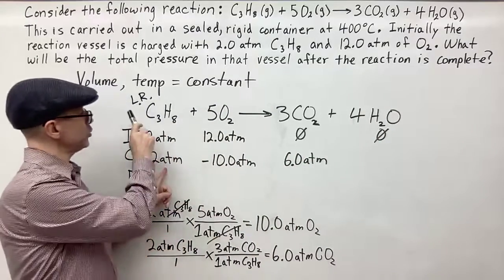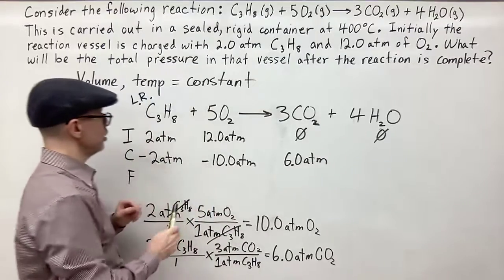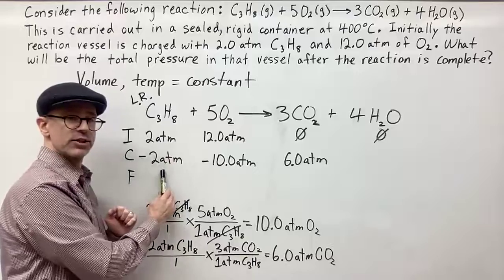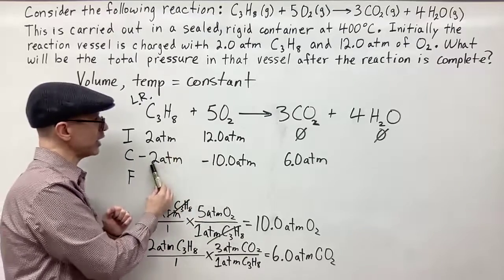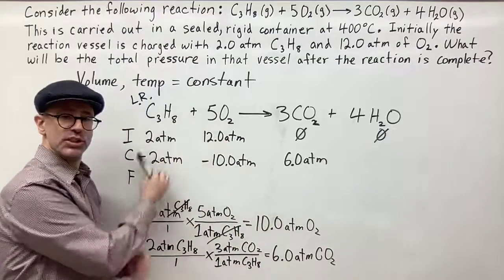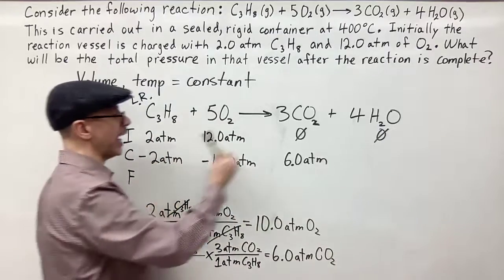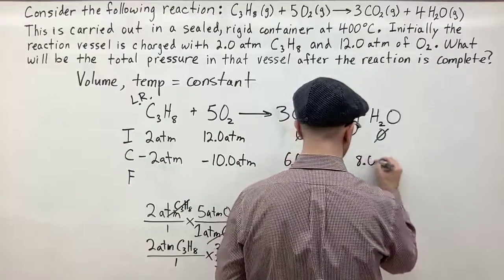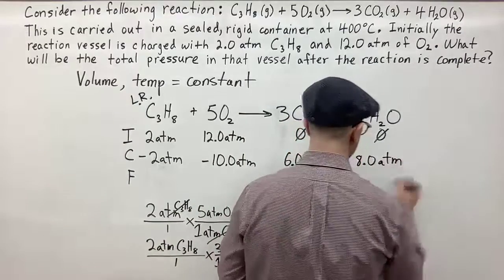So again, it's a 1 to 4 ratio. So here I have 2, so I'm losing 2 atmospheres. For every 1 atmosphere I lose here, I gain 4 over here. So since I'm losing 2, that means it's 2 times 4, and I'm going to gain 8 atmospheres here.